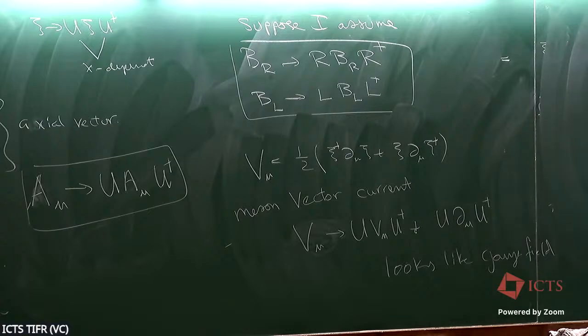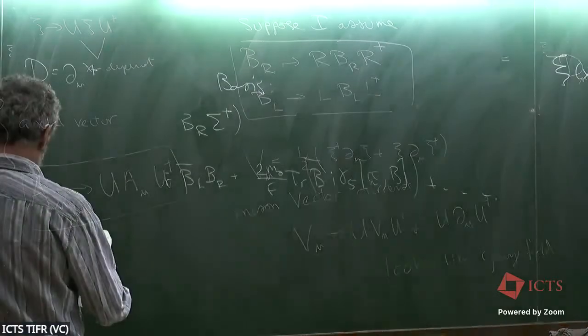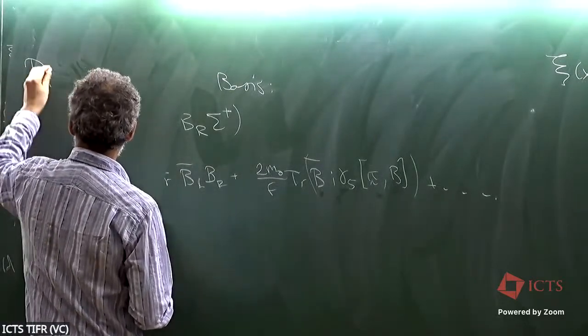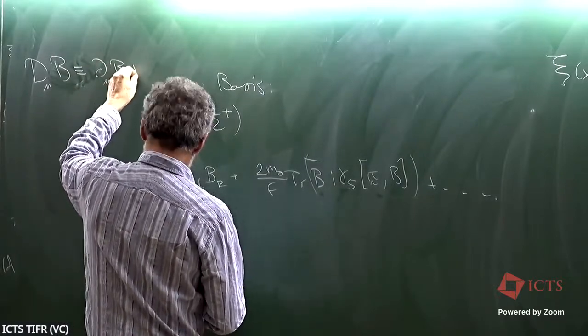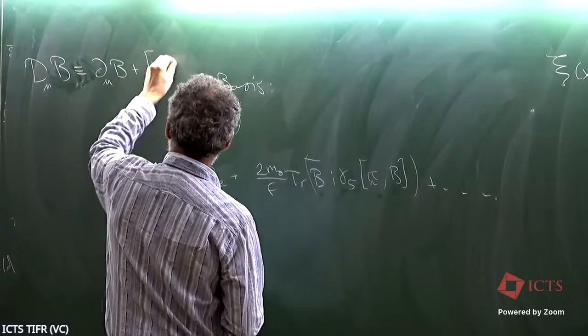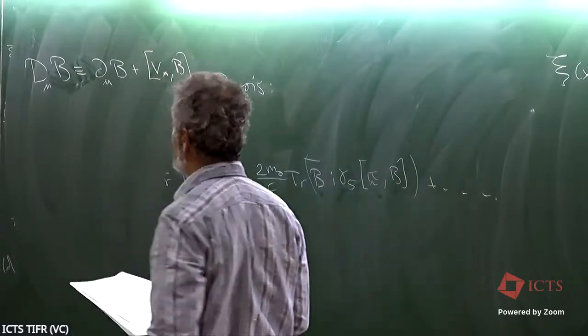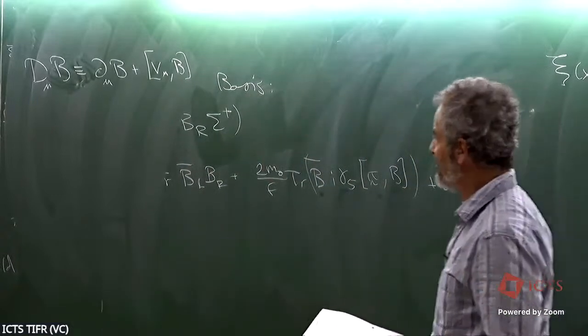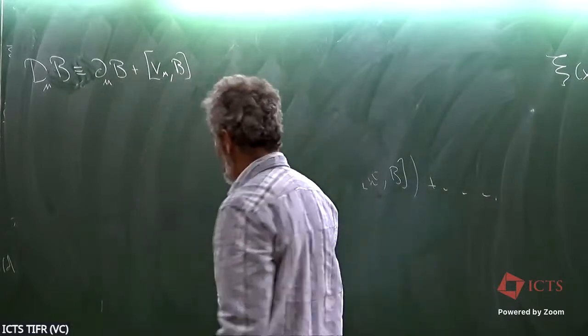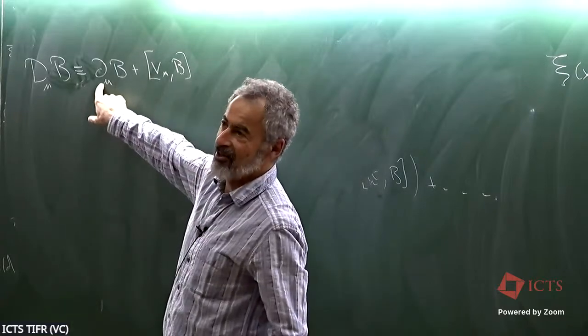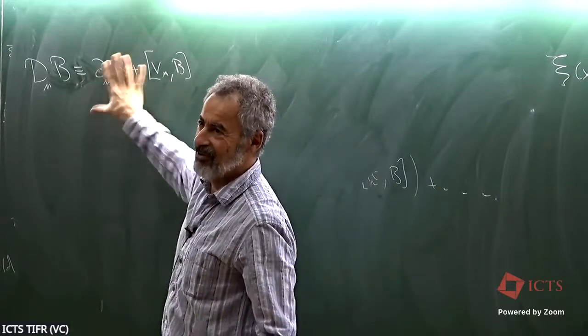But that means we can make a covariant derivative. We can define D mu as little d mu plus, so you have to be careful, D mu B is defined to be the little derivative acting on B plus the commutator of B mu with B. Now, notice that both of these, D is anti-Hermitian and a commutator is anti-Hermitian, so this makes sense without an i.